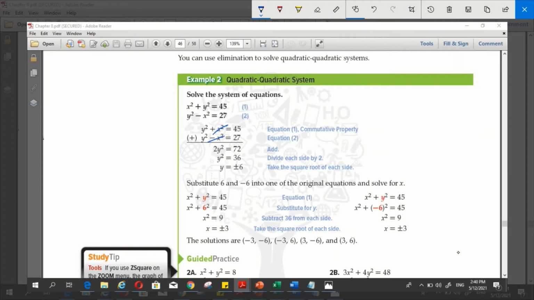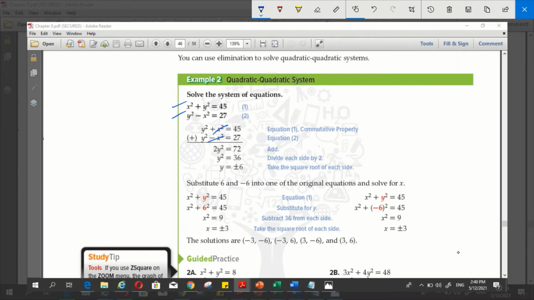So x squared with x squared is eliminated, y squared plus y squared is equal to 2y squared, and 45 plus 27 is equal to 72. At the end, take the square root, and don't forget that we have positive and negative. Since we have two values for y, we can also find two values for x by using this equation or this equation.